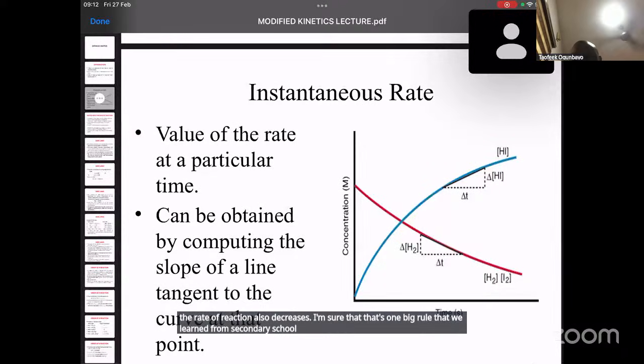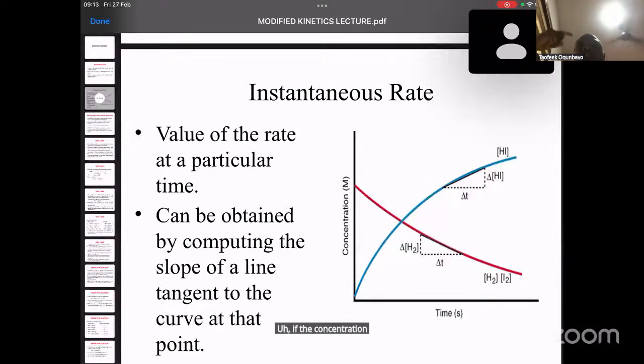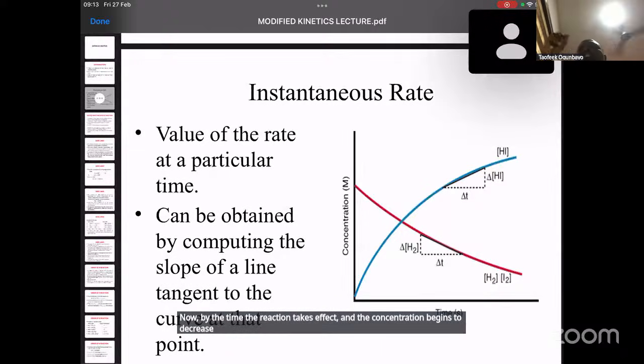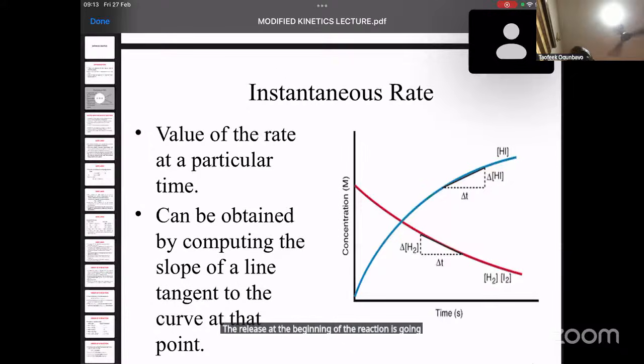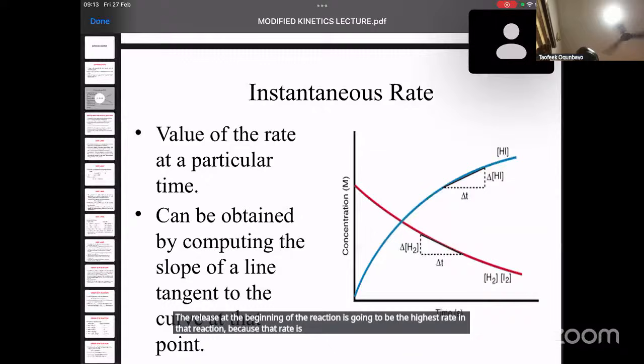That means that if you're starting a reaction with a concentration of 1 mole per dm cube, by the time the reaction takes effect and the concentration begins to decrease, the rate at the beginning of the reaction is going to be the highest rate in that reaction, because that rate is going to continue to drop as the concentration drops as the reaction progresses.